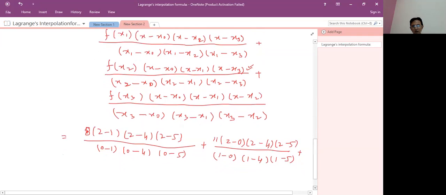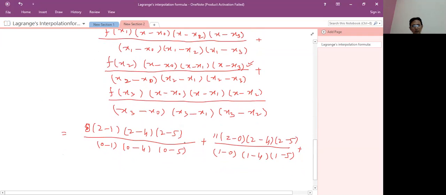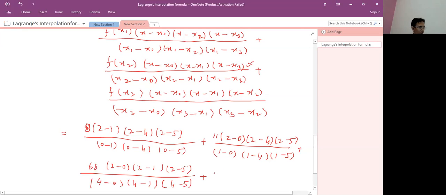Plus sign, student, next is f of x2, which you have given in the table: it is 68, and x is 2, so 2 minus 0, 2 minus 1, 2 minus 5, whole divided by x2, which is 4, so 4 minus 0, 4 minus 1, and 4 minus 5. Plus sign, 68, and for the f of x3 the value is 123.